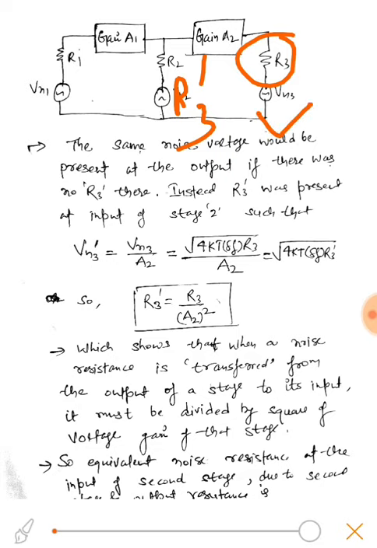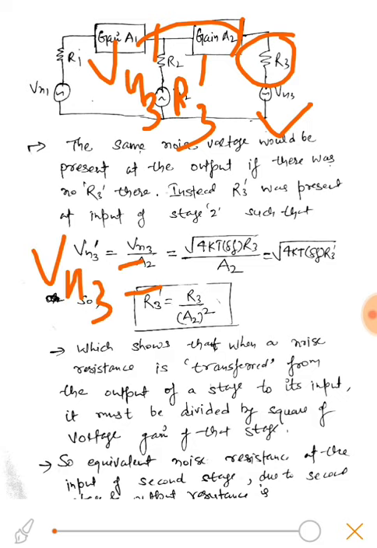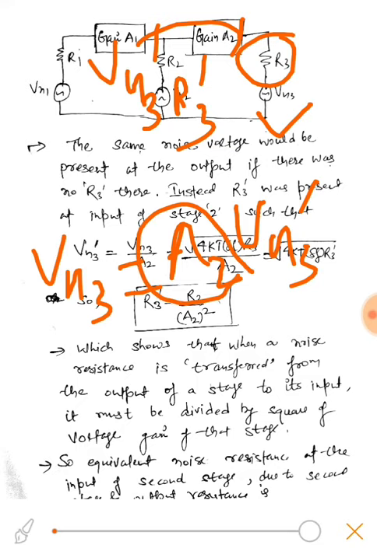So if Vn3 dash is the output noise voltage due to R3 dash, then it will get amplified. So Vn3 would be A2 into Vn3 dash, as whatever we feed to the input of amplifier A2 will get amplified by the factor A2, as it is the gain of amplifier A2.